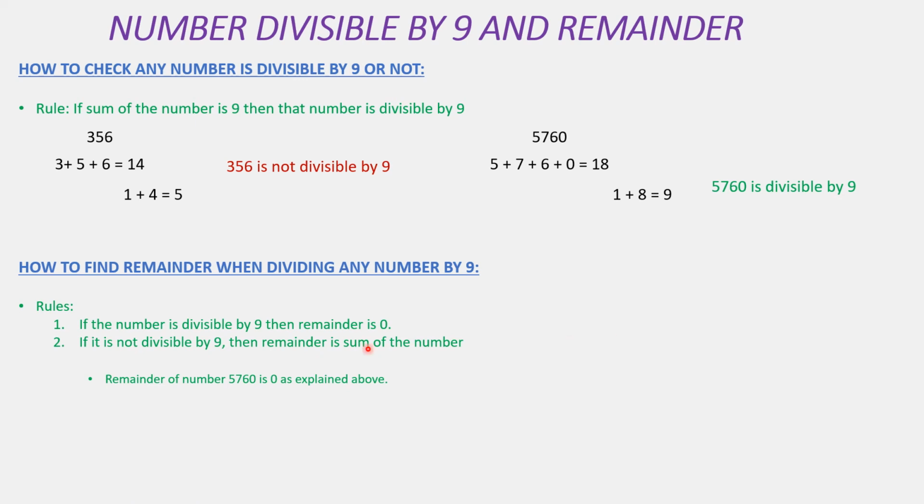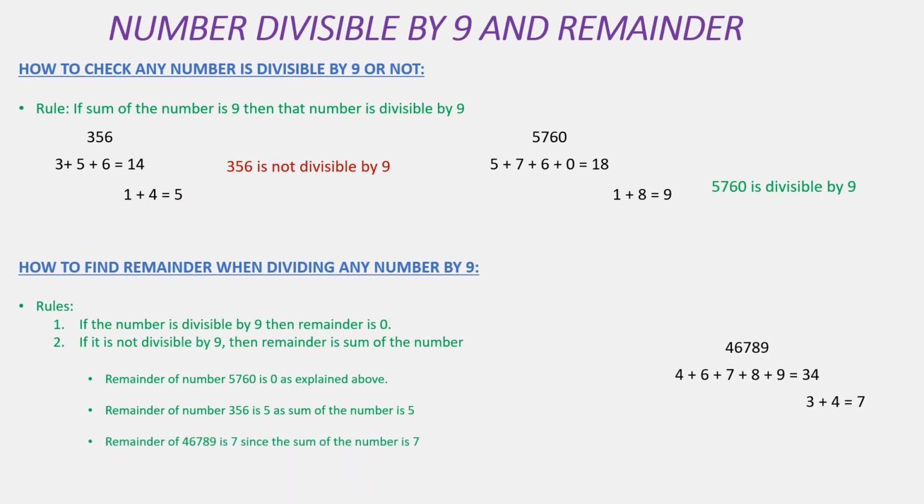If it is not divisible by 9, then the remainder is the sum of the number. The remainder of 356 is 5, as the sum of the number is 5. Similarly, the remainder of 46,789 is 7, since the sum of the number is 7.